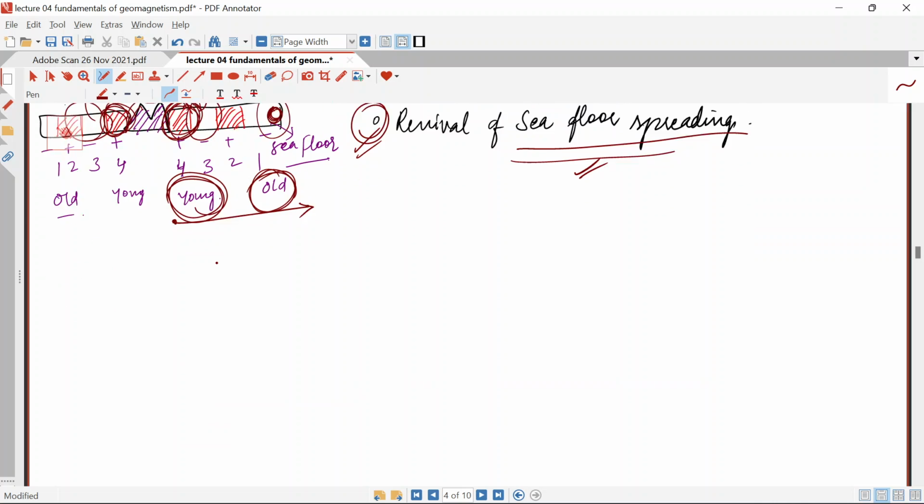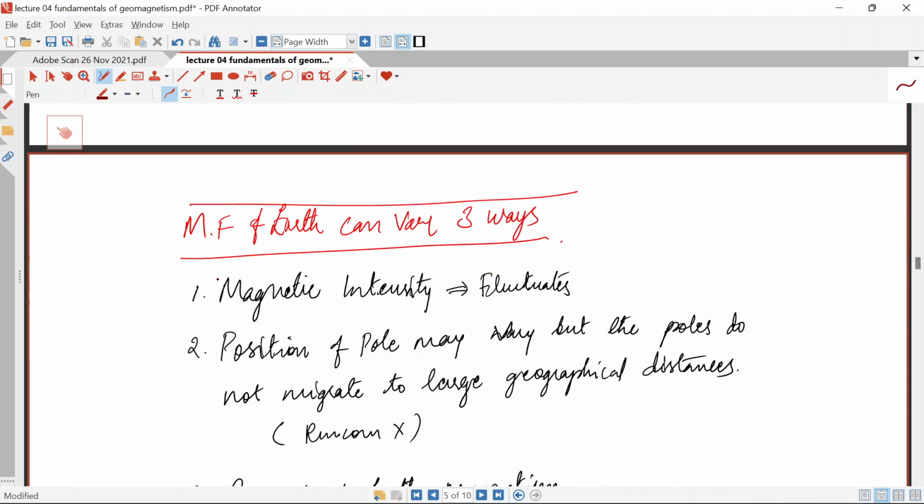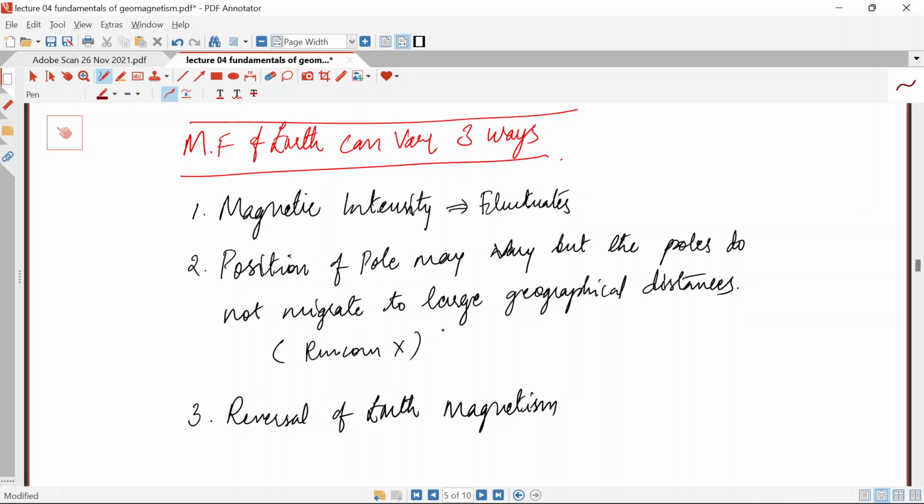And now let's see in which ways the magnetic field of Earth can vary. It can vary in three ways. The first is magnetic intensity. The magnetic intensity will not be the same, it will fluctuate, and is not constant.